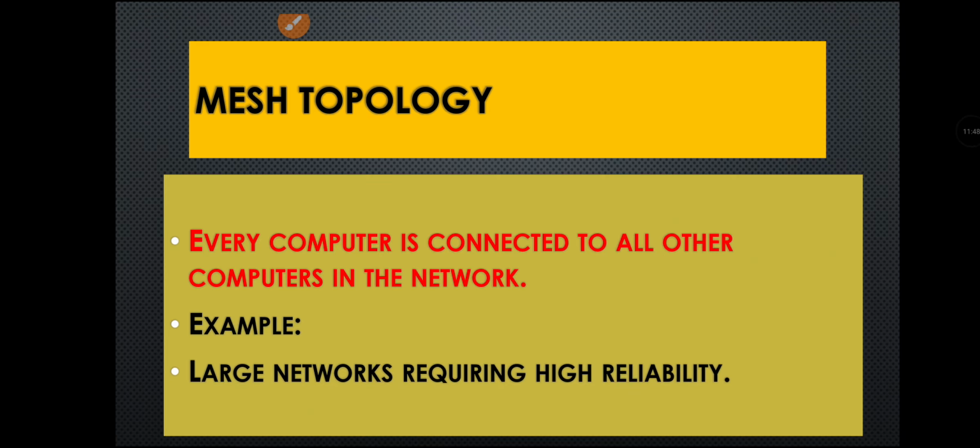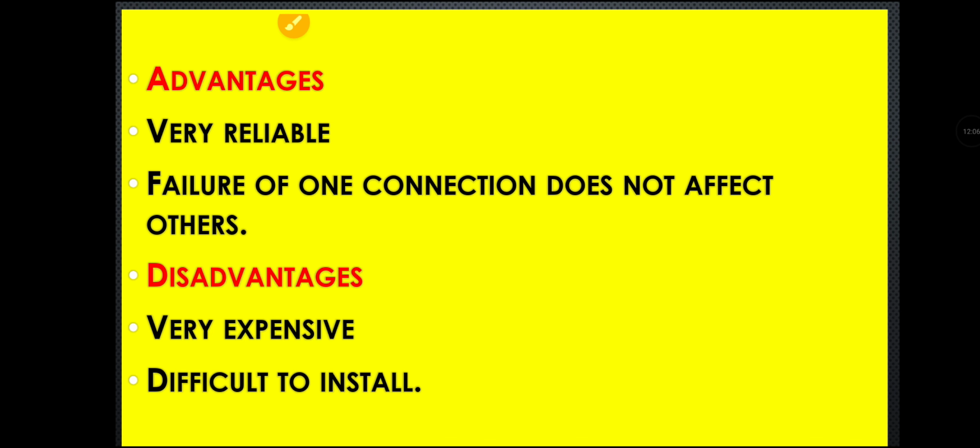Now let's know the meaning. As I already said, every computer is connected to all other computers in the network. Example: large networks requiring high reliability. So we use mesh topology specifically for large networks because they require high reliability. The advantage of mesh topology is that it is very reliable.